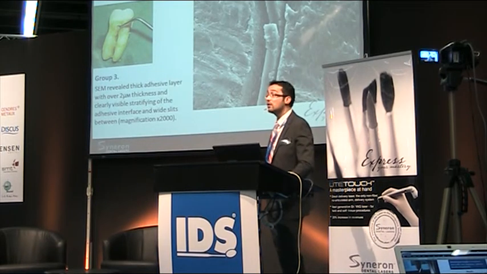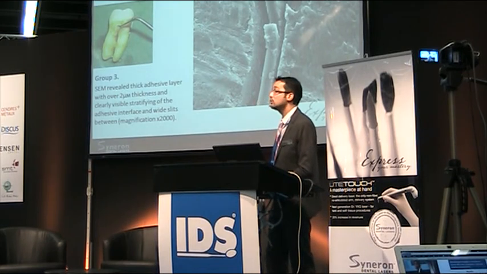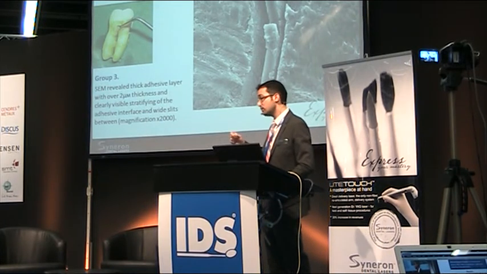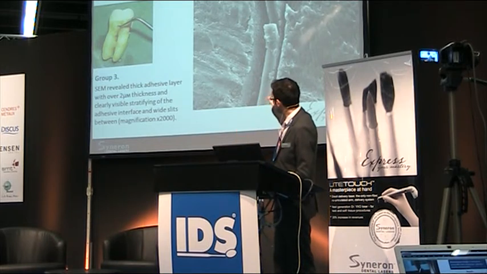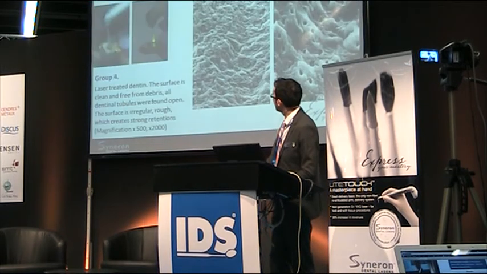Because this Carisolv gel contained sodium hypochlorite, and you know that sodium hypochlorite releases chlorine and oxygen, and both chlorine and oxygen can interfere with the polymerization of the bond. And for this reason, despite the clear surface, we have this disconnection between the dentin, the composite material, and the bonding agent due to the sodium hypochlorite.